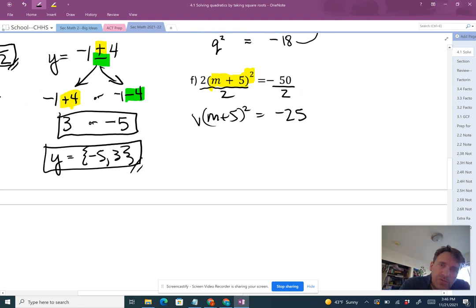And then we take the square root of both sides, taking the plus or the minus values. And that leaves us with m plus 5 on the left, because the square root cancels the square. And then on the right, we have plus or minus, and the square root of 25 is 5.